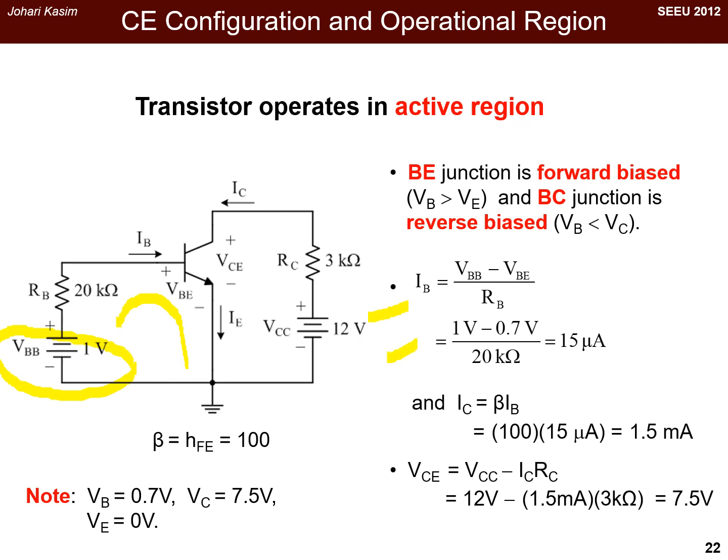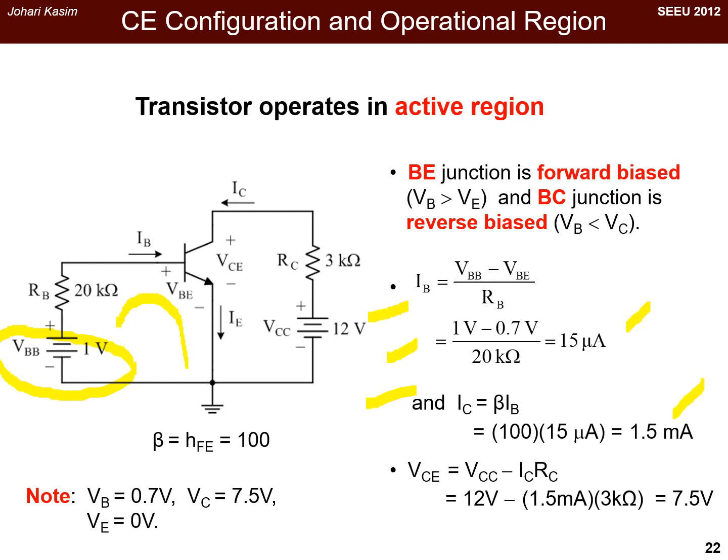and then after we put the value, we can get IB is equal to 15 microampere, and then we can use the general formula IC equal to beta IB, and then after we put the value, we can get 1.5 milliampere.